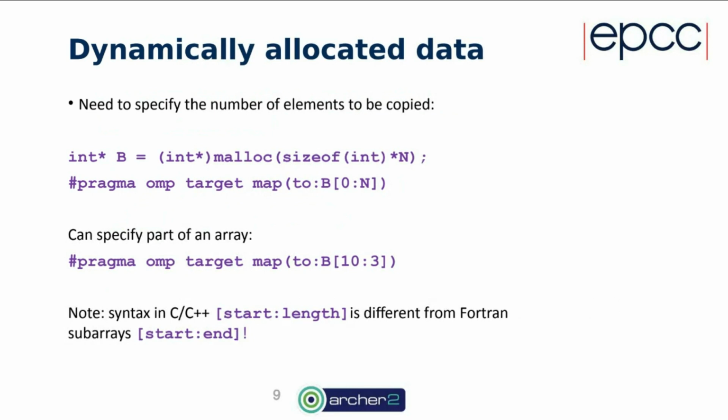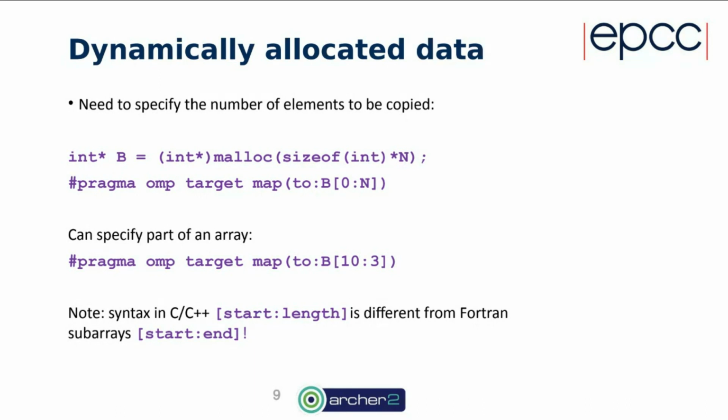If we've got dynamically allocated data, then at least in C and C++, we need to specify the number of elements to be copied. Suppose B is actually a pointer to which I've mallocked some amount of storage.